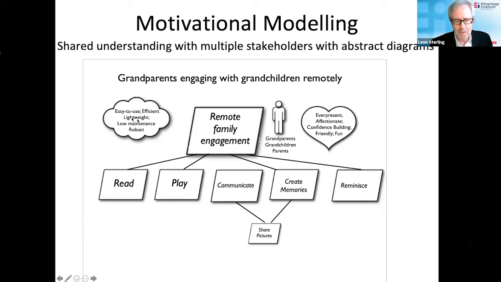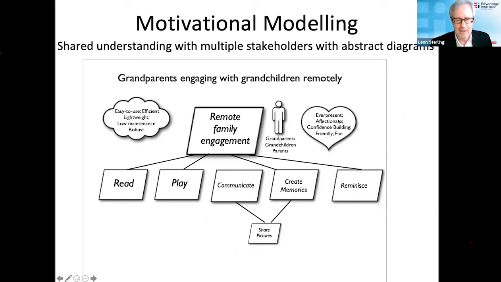What do we want? What qualities do we want? So if the grandparents and grandchildren are going to use it, it needs to be easy to use. It needs to be efficient, lightweight, low maintenance, and robust. Again, often older people are scared they'll hurt the technology, so you want to make sure that they don't get it into a bad state.